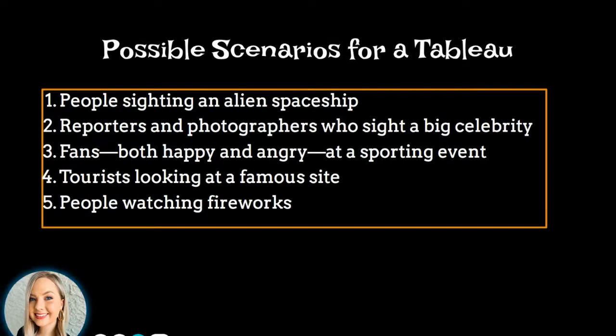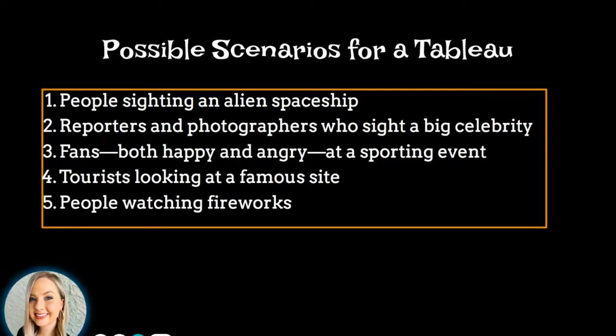Okay, so I would like for you to test this out. Now that we've covered the basics of a tableau, which is that you are telling a story with your body, not speaking, and telling it in frozen pictures, I want you to look at this list. We've got 5 options, and I want you to think about if you were to create a tableau with maybe 2 or 3 other people, how could you position yourself to, for example, show tourists looking at a famous site?